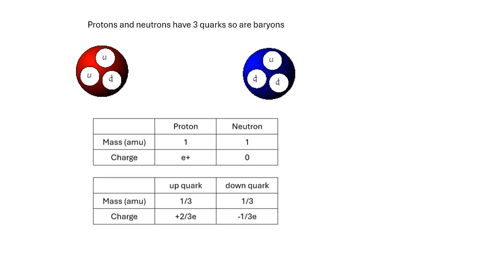Also, you've got your anti-up. Your anti-ups have a mass of a third and a charge of minus 2/3. Your anti-downs have a mass of a third and a charge of plus 1/3. And you can get anti-protons and anti-neutrons as well. So protons and neutrons are baryons. They've got 3 quarks.